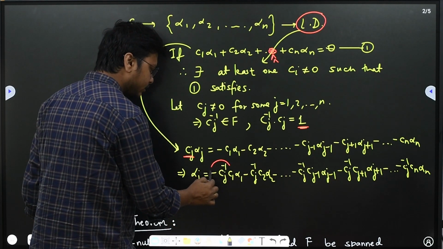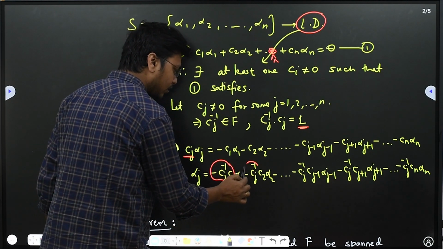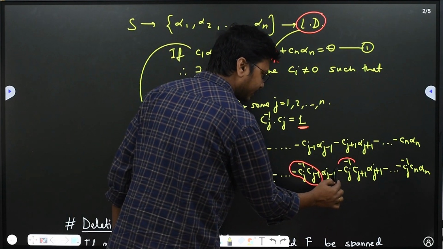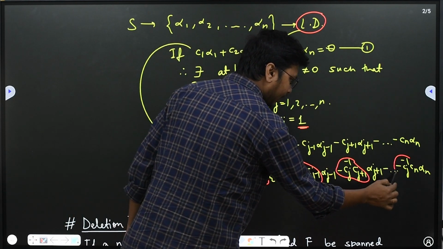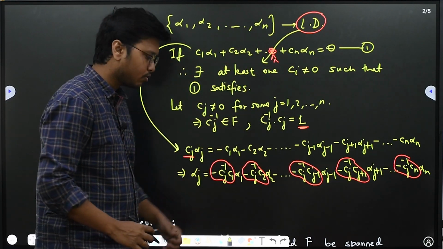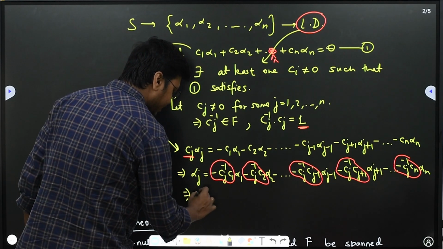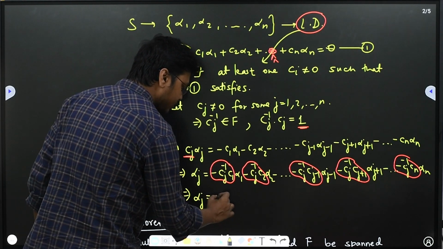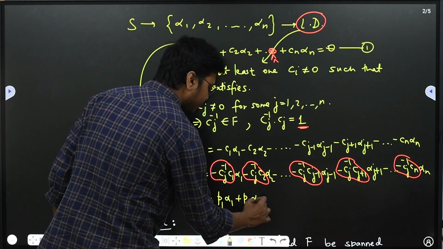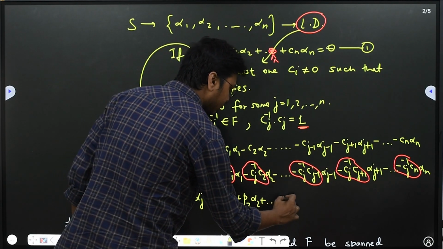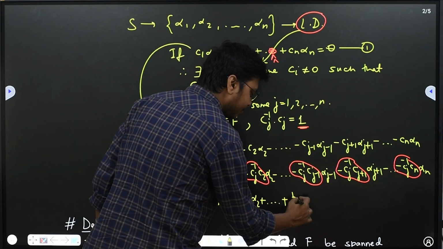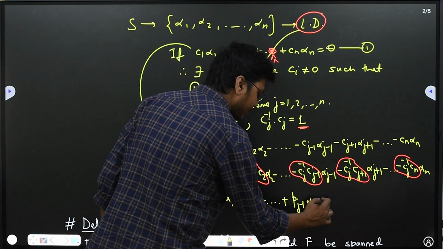Now all these are just some constants of the field. So these constants I can rename them as, let's say, P1, P2 and so on. So I'm renaming all these constants and I am saying that alpha j equals P1 alpha 1 plus P2 alpha 2 plus dot dot dot, and over here I would be having Pj minus 1 alpha j minus 1.